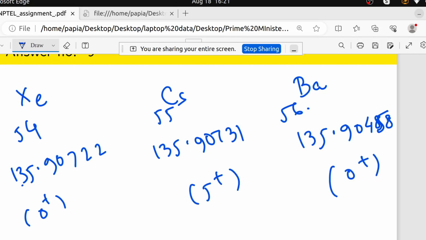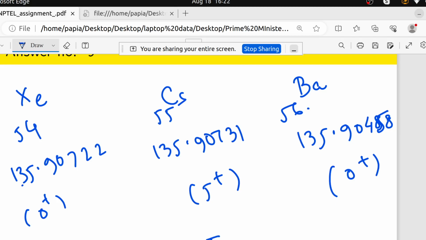As someone asked me right now, what will happen if delta I is greater than 2? I told that if delta I is greater than 2, that means our decay will not be possible. So you can see here, xenon to cesium, what is that one? Delta I equals 5 here.